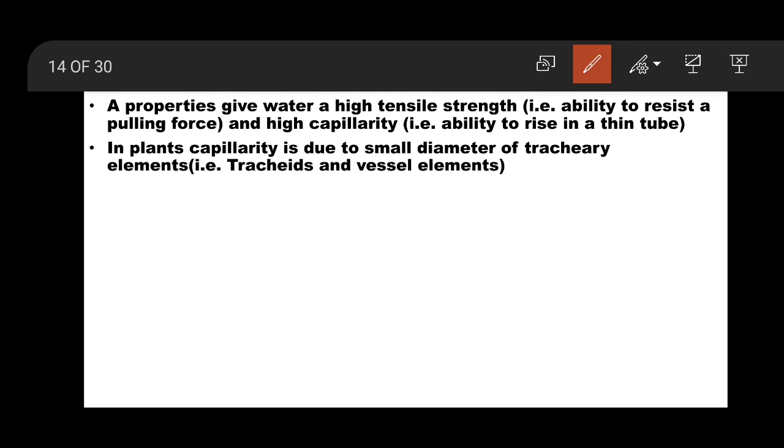In plants, capillarity means rising in a thin column, a thin tube. In plants, capillarity is due to the small diameter of tracheary elements, like that of a glass capillary, whose diameter is also very low. Likewise, in xylem elements, tracheids and vessel elements, the diameter is also very small.